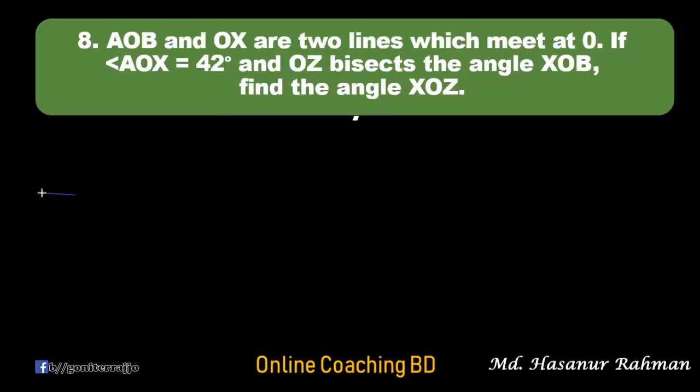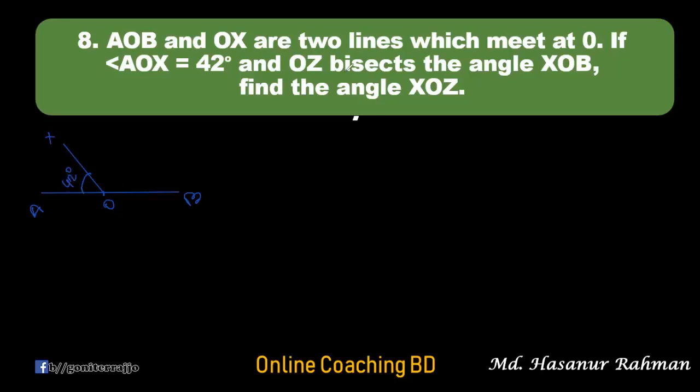Suppose this is AOB, and OX are two lines which meet at O, and the value of this angle AOX is 42 degrees.